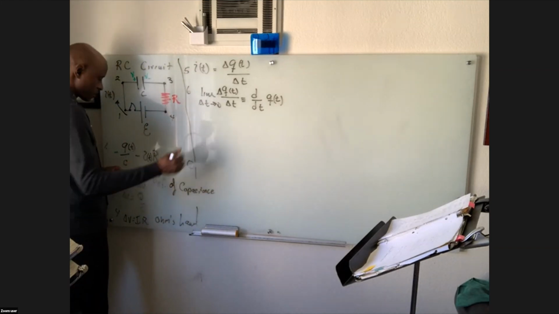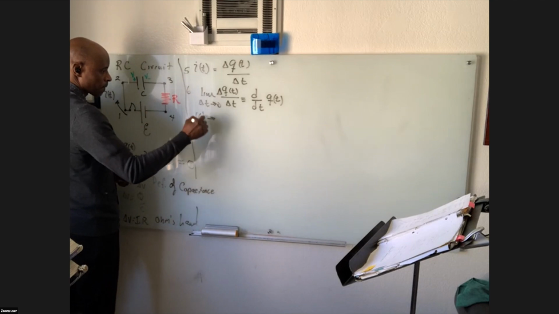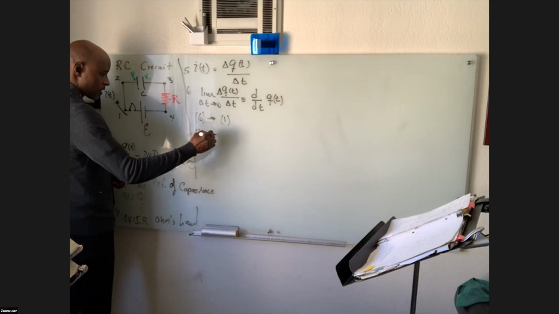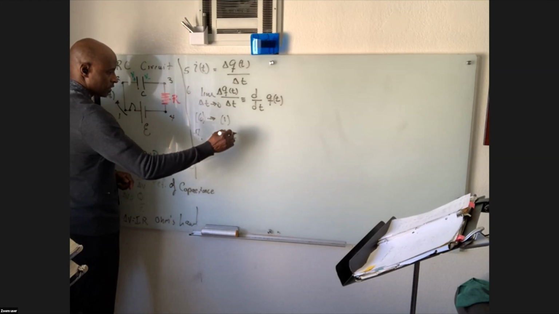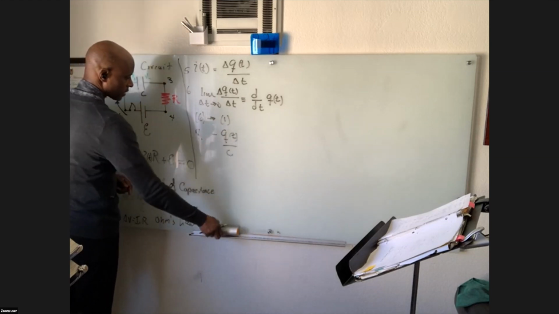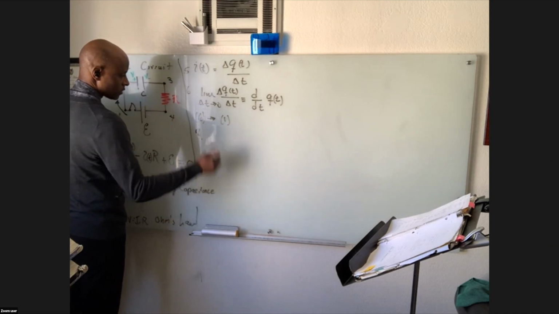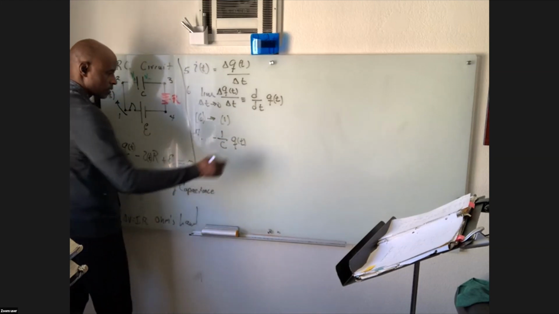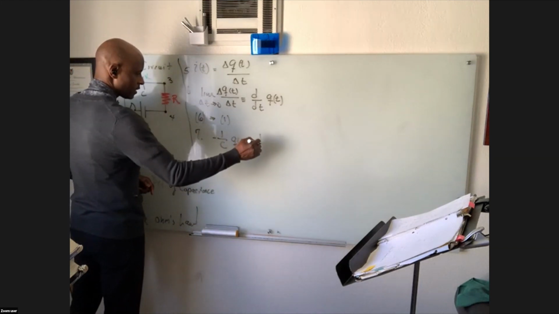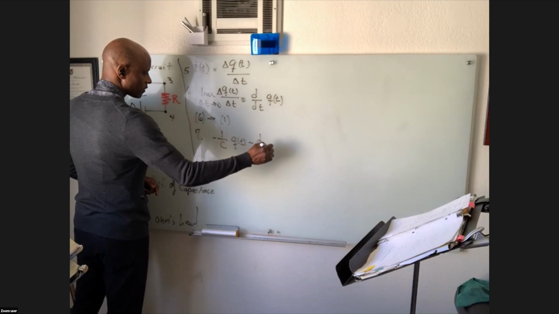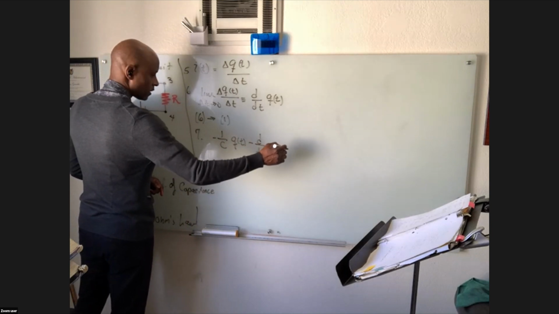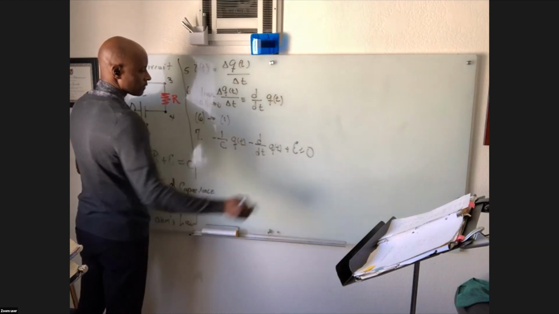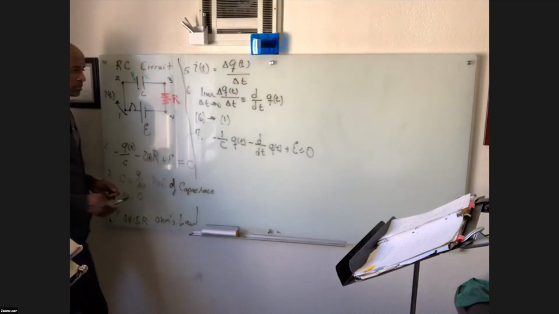So if we substitute 6 into 1, then we have minus Q of t over C, and actually a lot of people write it like this: minus 1 over C times Q of t, minus d/dt of Q of t, plus the voltage across the battery equals 0.